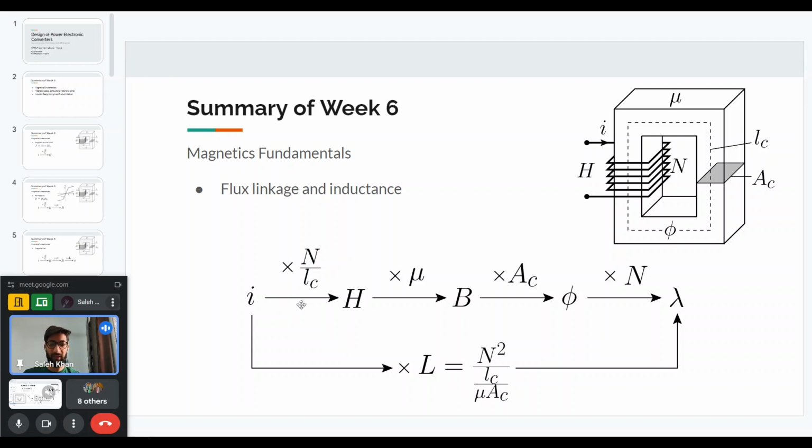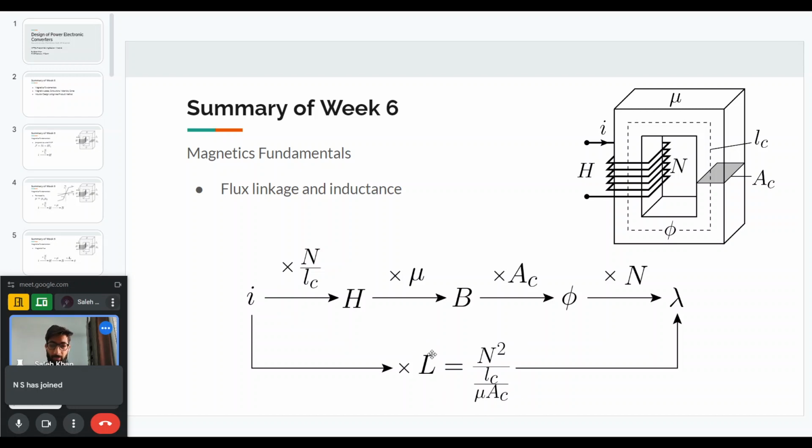Then we can vary the current, and we can get different values of flux linkage. But for a given inductor, if the number of turns remains the same, if the path length remains the same, and if the core cross-sectional area and permeability remain the same, then the inductance will remain the same.